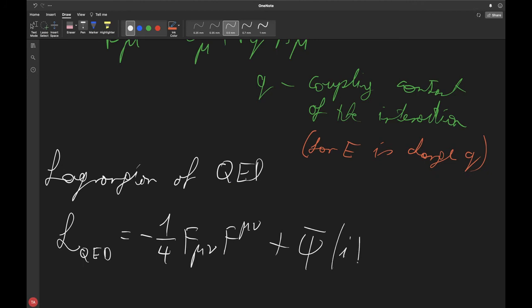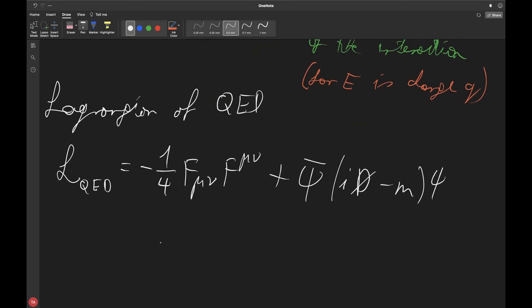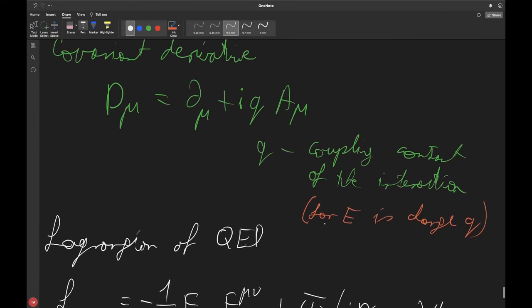Now that we introduced this covariant derivative, let's use that instead of the derivative from earlier. So i uppercase D slash minus m acting on psi is going to be the Lagrangian of QED, where D slash was gamma mu times the covariant derivative D mu defined above.